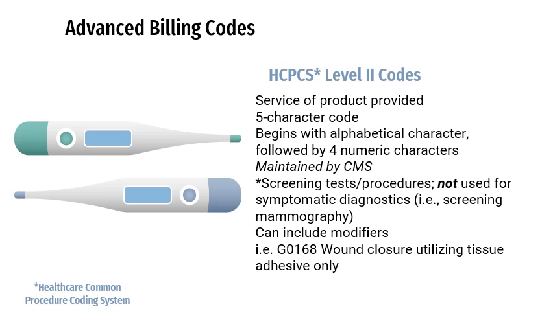So when you see a 5-digit alphanumeric code, starting with an alphabetical character, such as down below I have that G code for wound closure, knowing that that's actually a HCPCS Level 2 code, you'll understand, okay, this is a bill for the product provided.